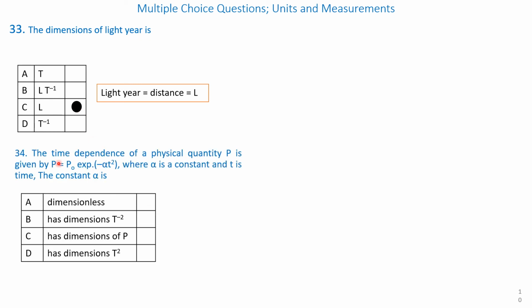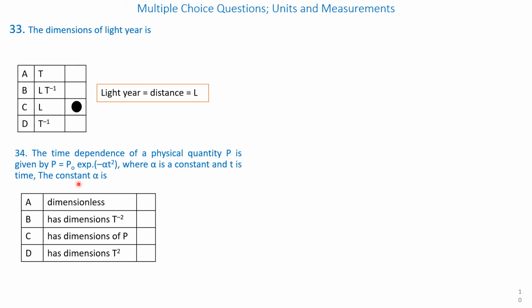Question number 34. The time dependence of physical quantity P is given by P is equal to P naught into exponential of minus alpha t square, where alpha is a constant and t is the time.